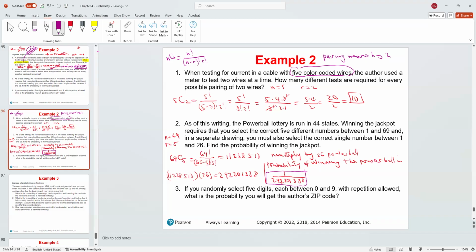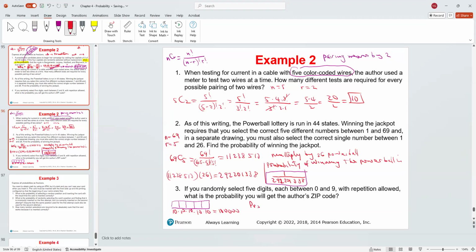Remember, the zip code is 5 digits: 1, 2, 3, 4, and 5. To obtain the zip code, the first digit can be anything from 0 to 9. That means 10 possibilities, 10, 10, 10, 10. Remember, they said you can repeat digits. If you multiply all of this, the answer is 100,000.